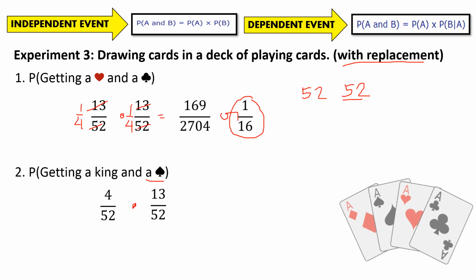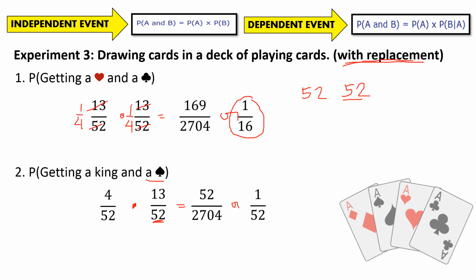Multiplying these two, we have 52 over 2,704, or in simplest form, 1 over 52. Again, the total sample space on the next event wasn't changed because we are replacing what was taken.